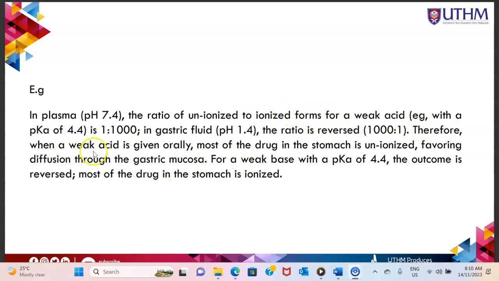Therefore, when a weak acid drug is given orally, most of the drug in the stomach is unionized. I mean, it is not degraded, and it's favoring diffusion through the gastric mucosa. And for a weak base with a pKa of 4.4, the outcome is reversed.